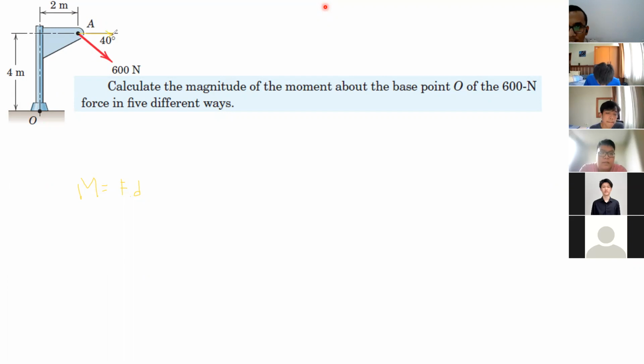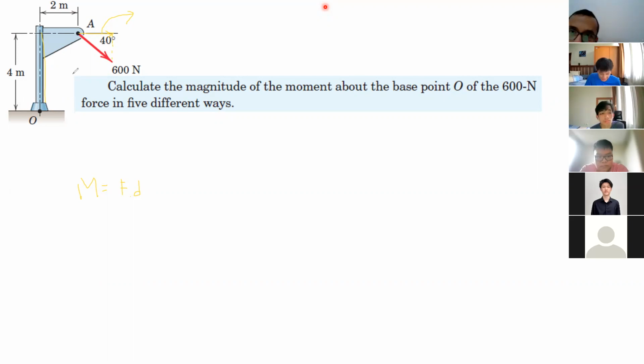So you multiply the 600 Newton with cos 40, and then you multiply that projected force with the vertical distance, right? That's what you mean. Yes, that one is possible.